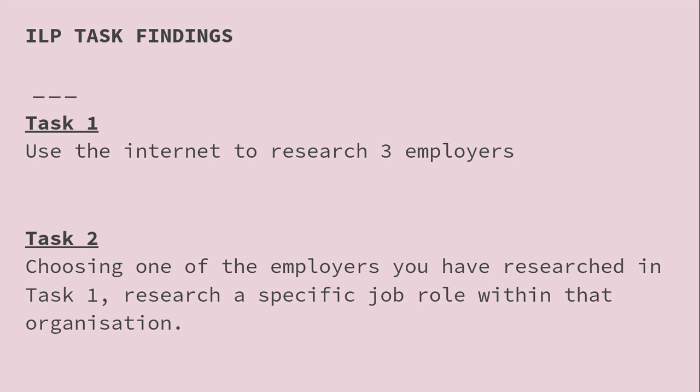And then once you've done that, moving on to task 2, I want you to pick one of them specifically, and research the specific job roles that are there within that organisation. If you're looking on a specific website and you can't find it, so for example, you're on Horizon Care and it doesn't specify the job roles, just try searching the job roles in general. So the different job roles that would be available when working in a care home, for instance.